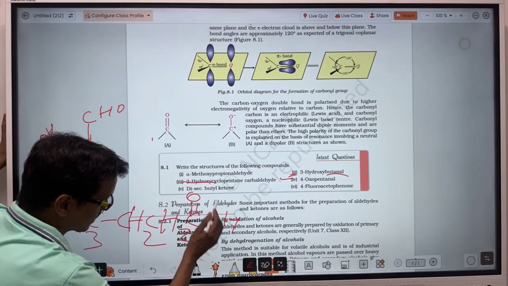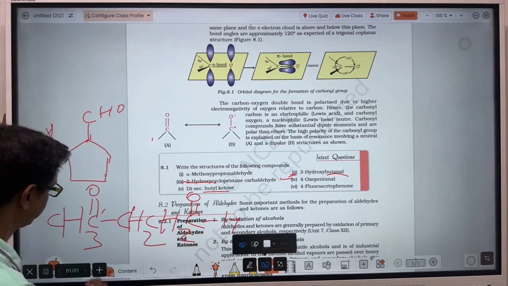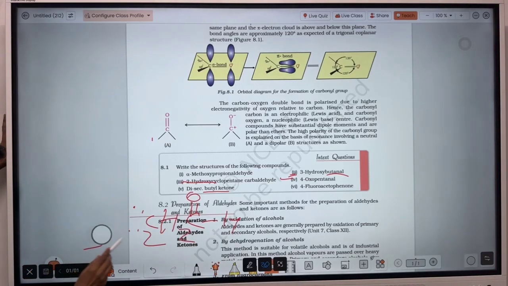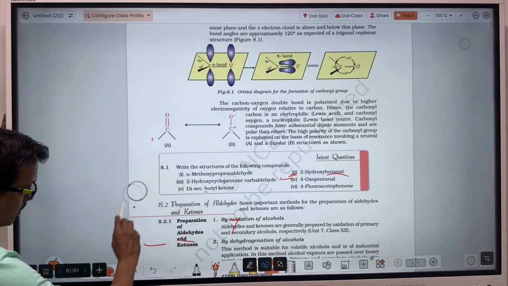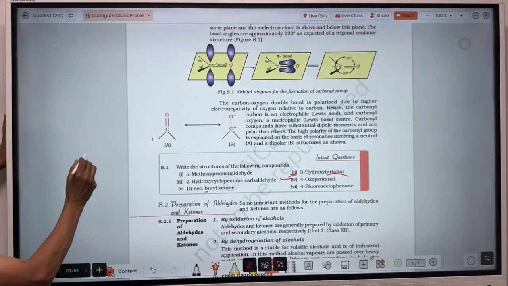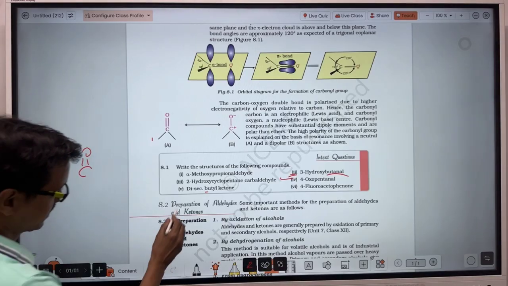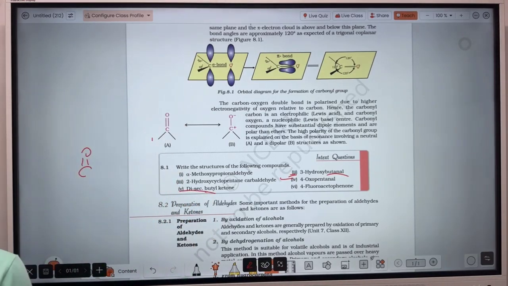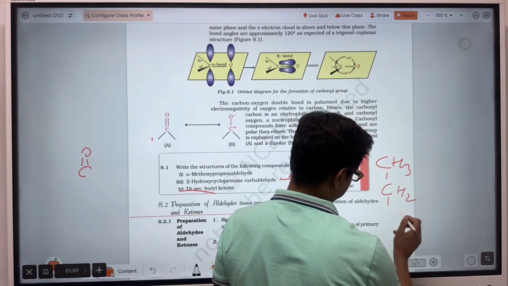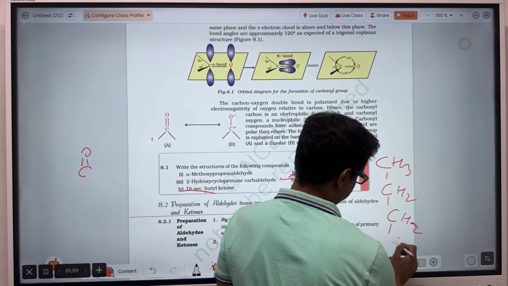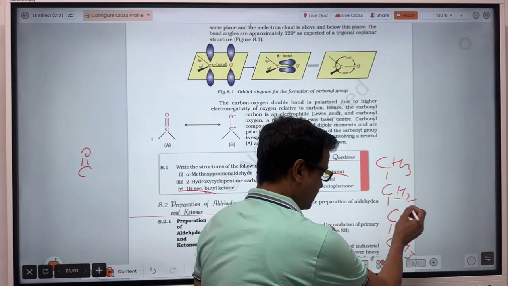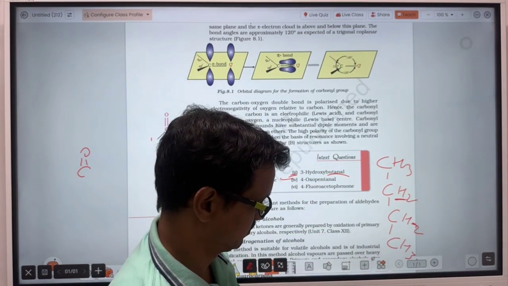Fifth one, also watch out: di-secondary butyl ketone, it's the common name. The common name indicates that the compound is a ketone. So C double bond O, and on both sides there will be secondary butyl. Secondary butyl means what? Here it's butane, and the secondary carbon atom of this butane will be bonded.